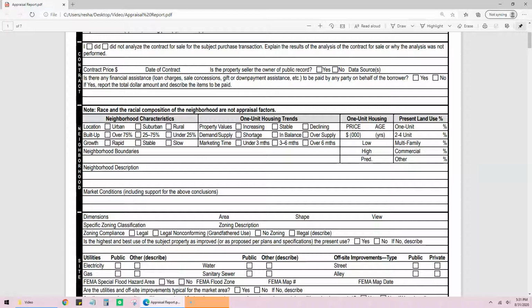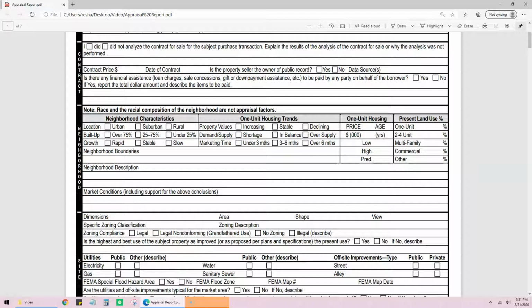Explain the results of the analysis of the contract for sale or why the analysis was not performed. Then this would be the contract price, date of contract, is the property seller the owner of record, yes or no? Is there any financial assistance, loan charges, sale concessions, down payment assistance? Then that would be checked.